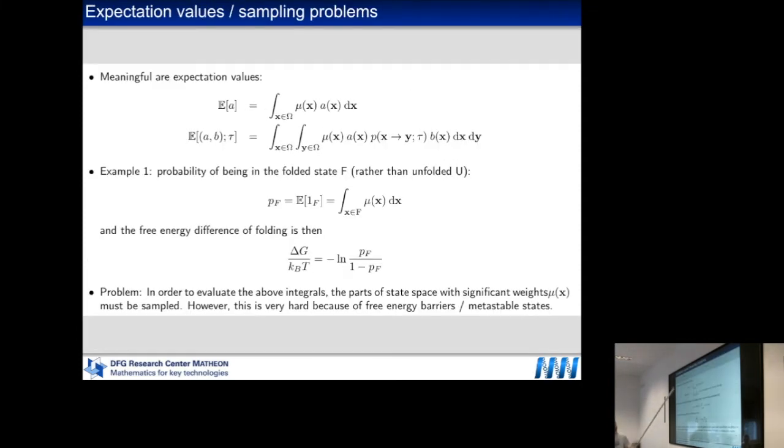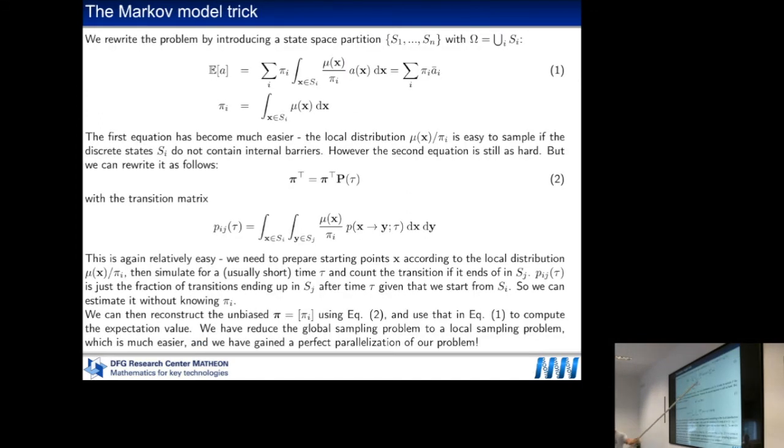So there's a very simple idea. We just take this integral here and we rewrite it in this form. So this is exactly equivalent. It's just rewritten a little bit. We just say the integral is broken down into discrete parts. So we have a sum over discrete parts. Each of them has a weight, pi i. And this is now the integral over this region.